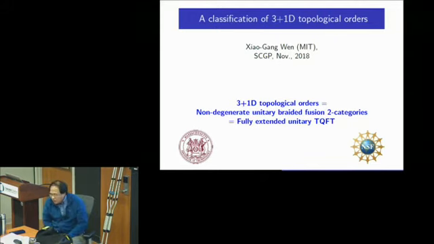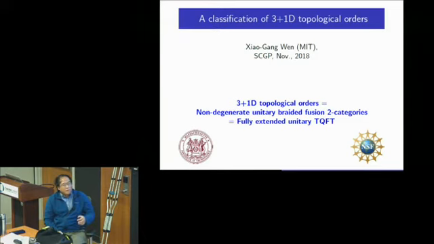Topological order in 1+1 dimension has been understood, meaning there's no topological order in 1+1 dimension. And in 2+1 dimension, we also kind of know it systematically. It's related to tensor category theory, or modular tensor category theory.